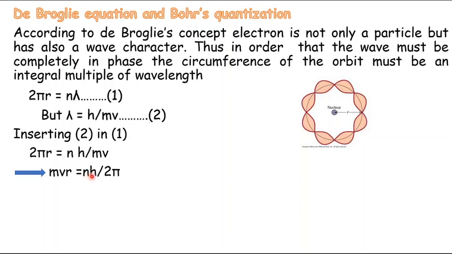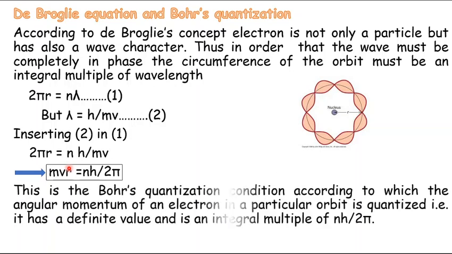And the values must be integral multiples of h by 2 pi. So we started with de Broglie's hypothesis, यानी कि 2 pi r is equal to n lambda, and we arrived at Bohr's क्वांटाइजेशन प्रिंसिपल.